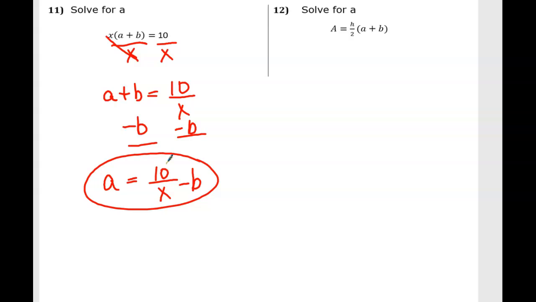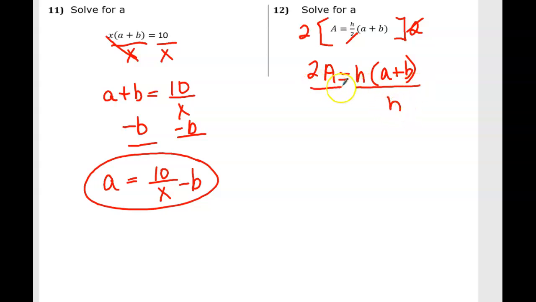Number 12, we're solving for a. So we have a fraction here, so let's get rid of the 2 first. Makes it a little bit easier. So we end up with 2a is equal to, remember these 2's will cancel out, h times a plus b. Then, since we're solving for a, and we're multiplying by an h, let's divide by an h to undo that.